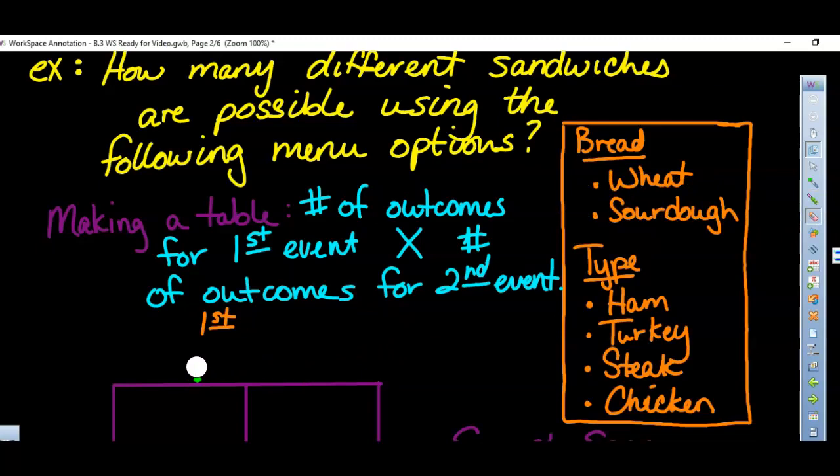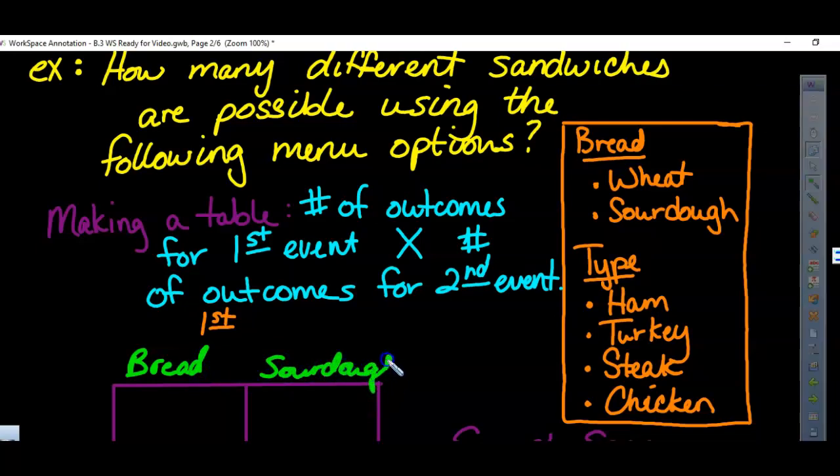We have wheat or sourdough. So when we're creating the table, our first event will be represented right here. Okay, so we have wheat or sourdough.